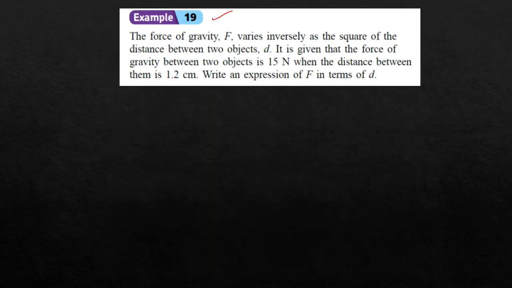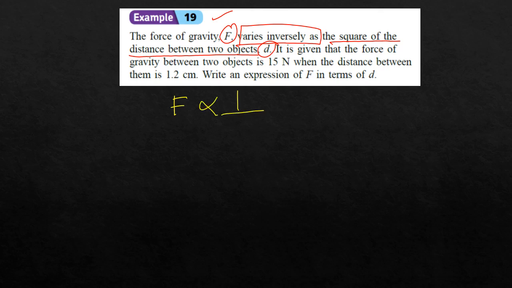Okay, example 19. F varies inversely as the square of distance between two objects, that is d. Yeah. So how do you write that? F varies inversely as the square of distance between two objects, d.